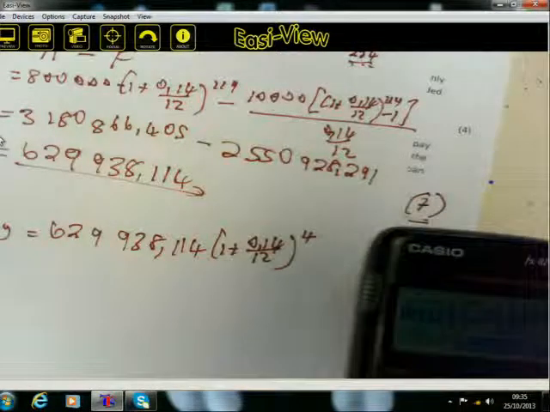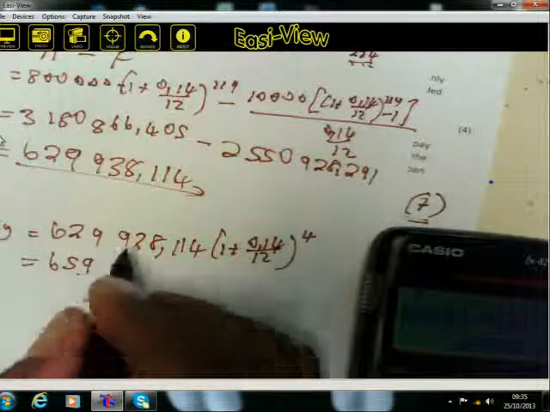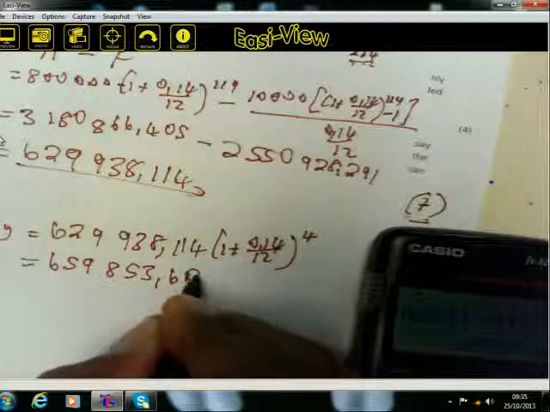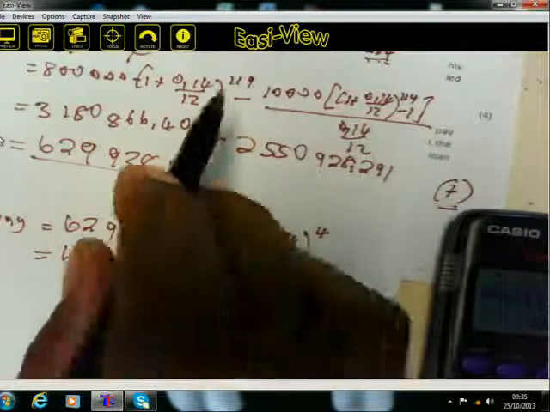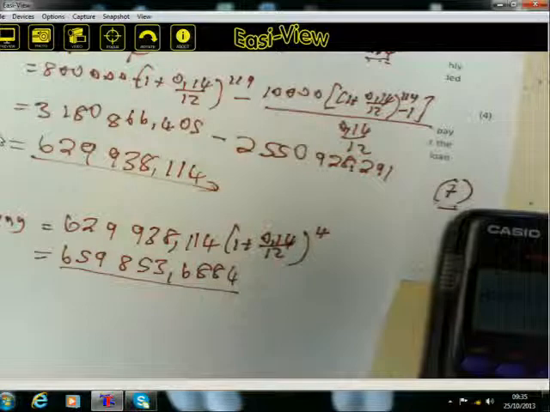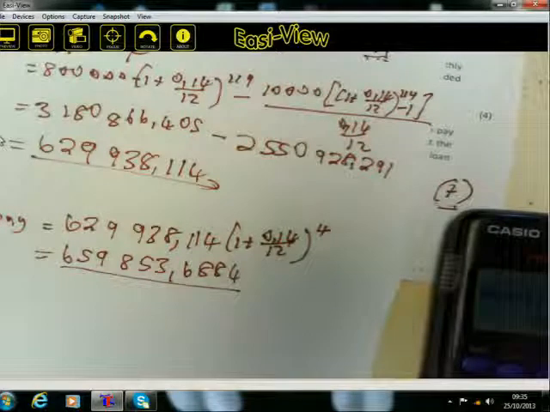Of course, the loan now is 659,853 rand 6884. Right, now at this time, at T123, the loan now is 659,853 rand 69 cents, or 6884.